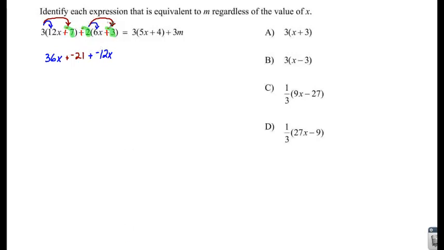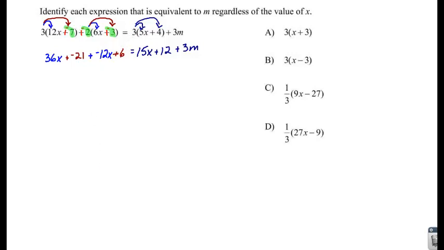And negative 2 times negative 3 is positive 6. On the other side, 3 times 5x is 15x, 3 times 4 is 12, and we bring down the 3m. There's nothing to combine with the 3m. It's not in the parentheses, so it does not get multiplied by this 3 in the front.